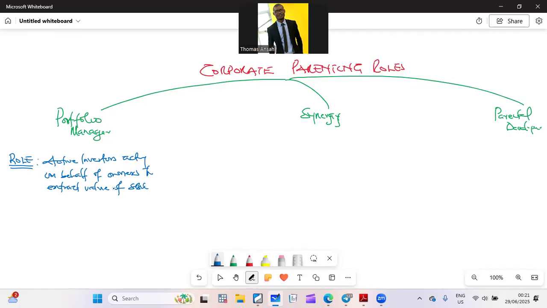The strategic business units. All right. So their main focus, therefore, is to identify businesses. They identify undervalued, struggling businesses.